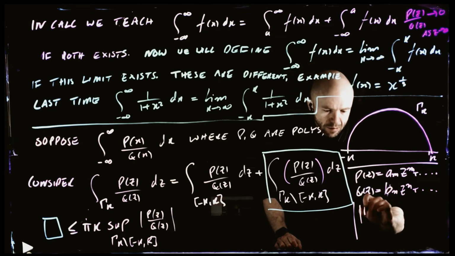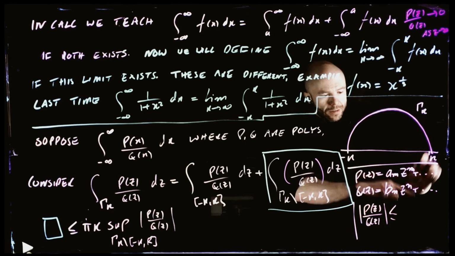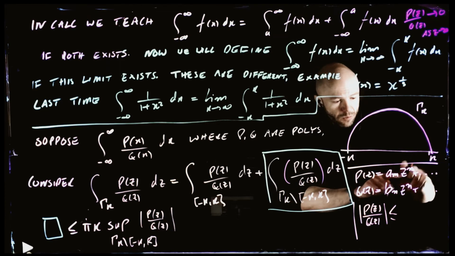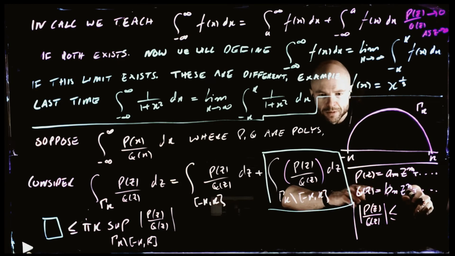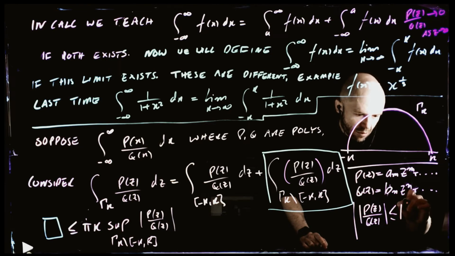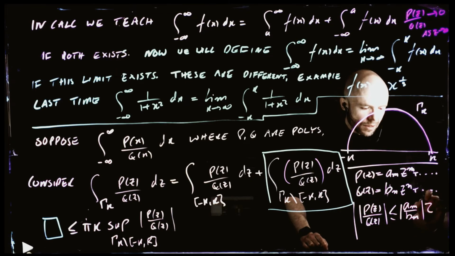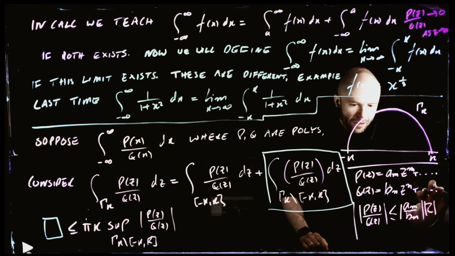And the absolute value of P of z over Q of z, for very large z, we don't care about any of the other terms. They're insignificant. Yeah? So this will be like the absolute value of am over bn. We also don't care too much about that. It's just a number. And then it'll be absolute value of z to the m minus n.